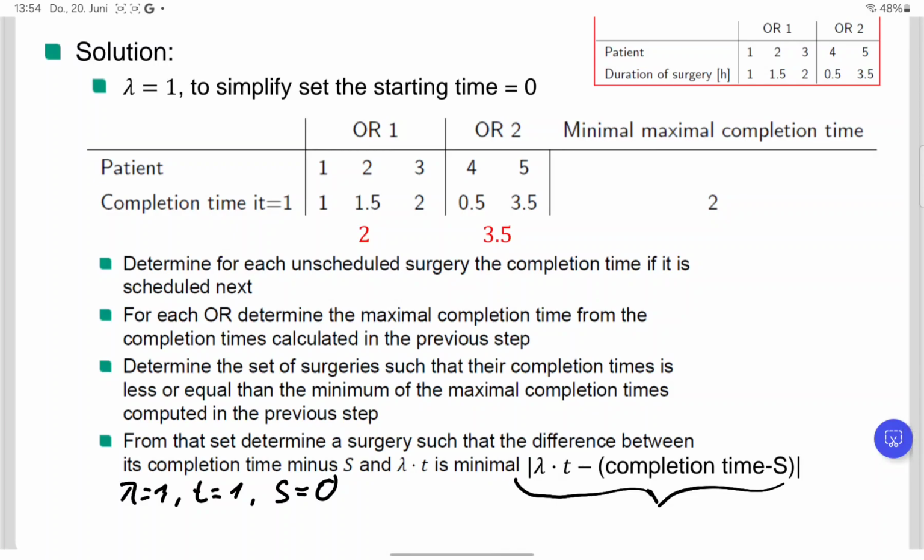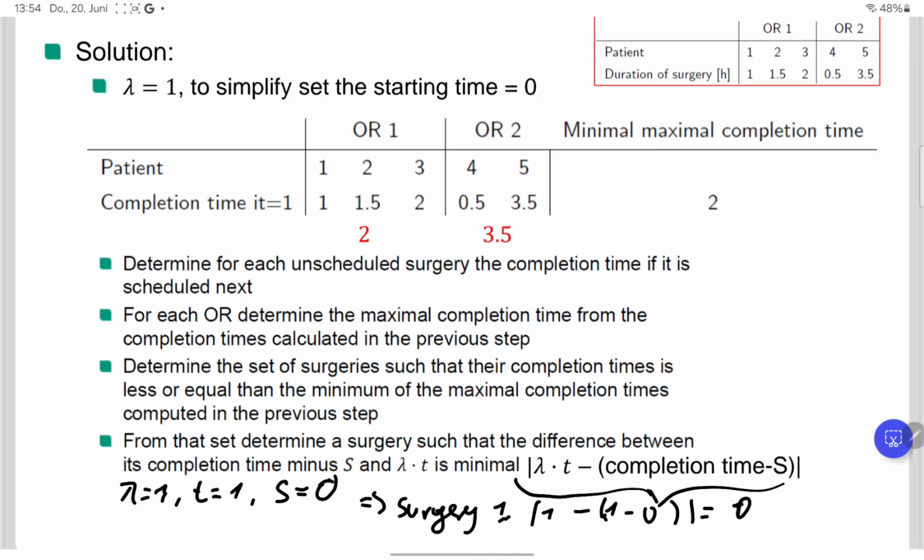If we look which patients would minimize that, then obviously surgery 1, or patient 1, would be chosen, because that would mean 1 times 1 minus the completion time of patient 1, which is 1 minus 0 of capital S, and that would give us a 0 here.